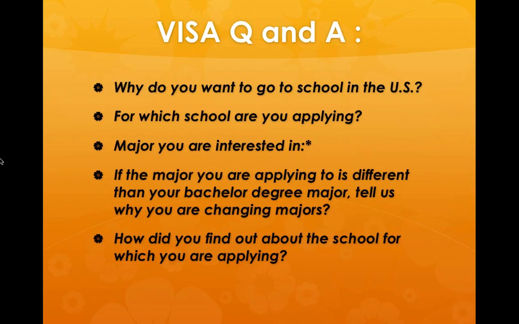It is very important that everybody says, I have researched this on the internet. On the internet, you can see more than 4,500 universities talk about exactly that, why and how you came to know about this university.